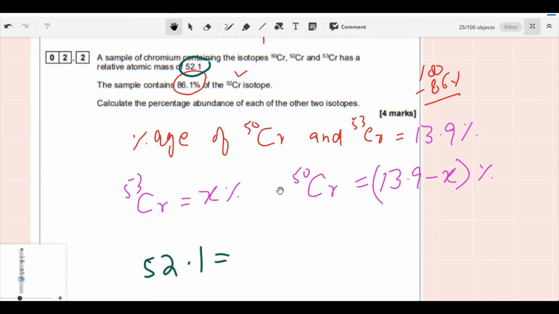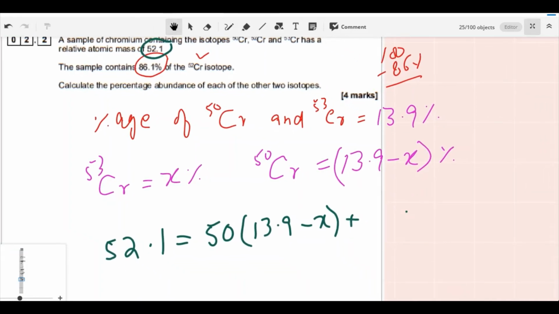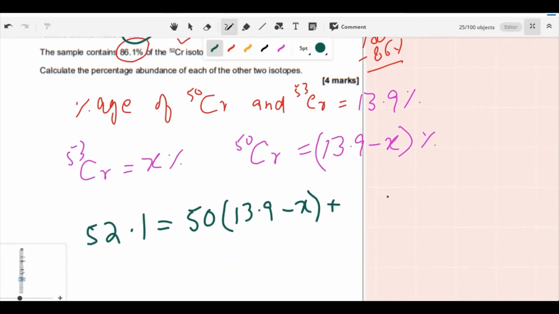the first, that is chromium 50, equal to 13.9 minus x. Its atomic mass is 50, so here I am going to write 50 times (13.9 minus x), plus the next one, chromium 52.